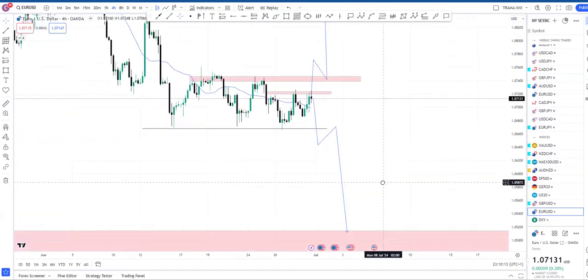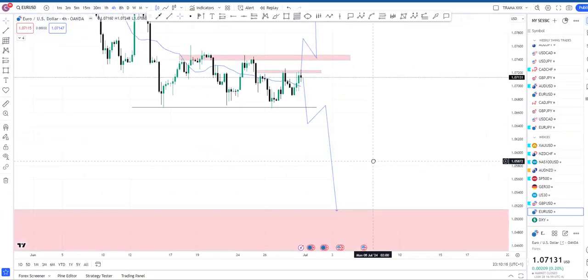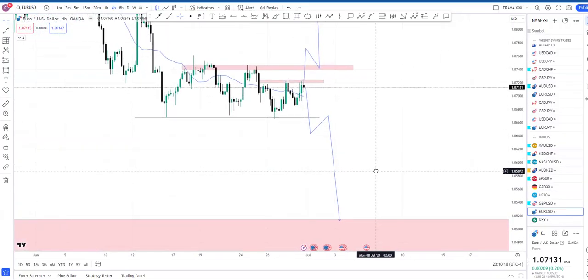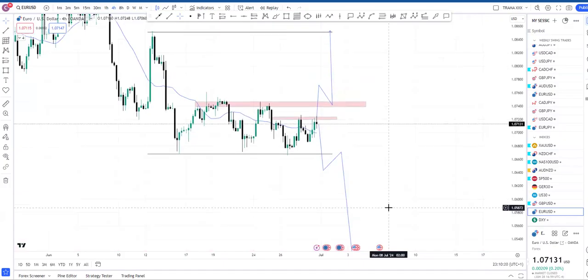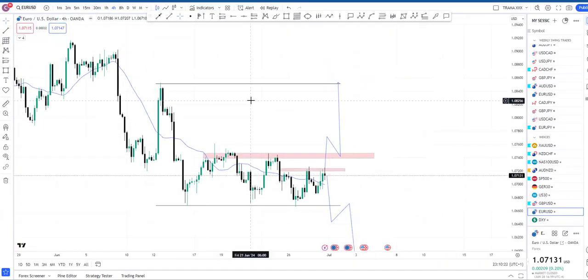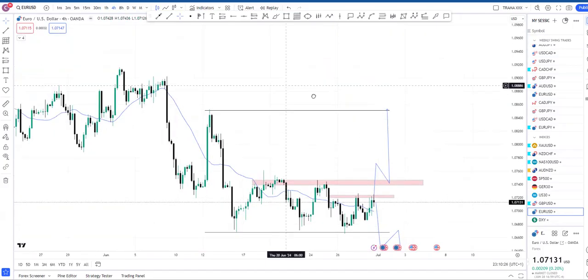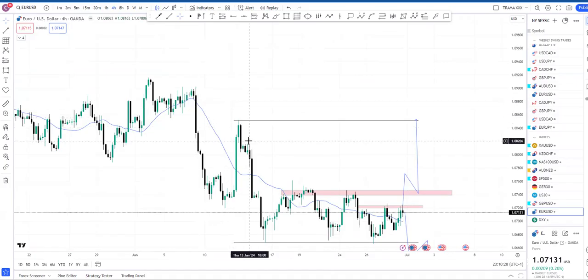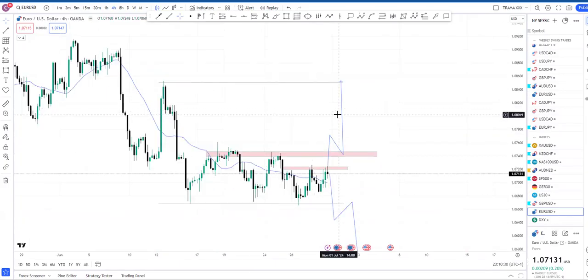So that would be the level at which we're taking our TP, or probably even a little bit higher or lower. But here, if price buys, we're looking at this first high to take out TP, and probably price might return to the downside from there. We are not sure yet, but this is what I think on Euro USD.